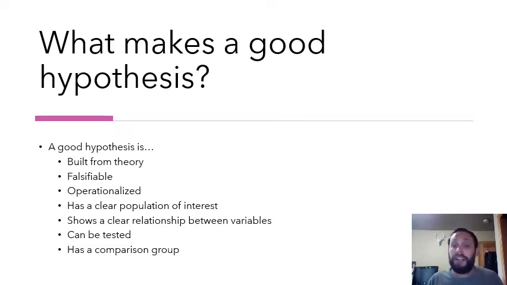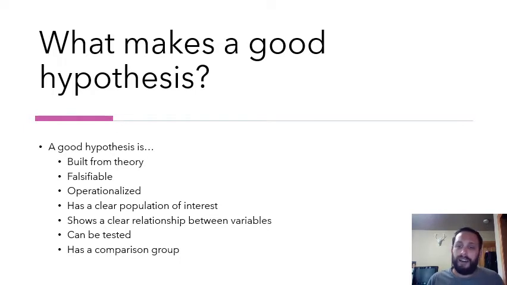Additionally, it can be tested in some way. This is either through manipulating conditions or just measuring things. Everything has to be operationalized and measured in some way or manipulated in some way. Another big thing is that a true hypothesis has a comparison group. It's a little bit different with the basic research principles, but when we're talking about translational and practical research, we have a clear comparison group that we can talk about.